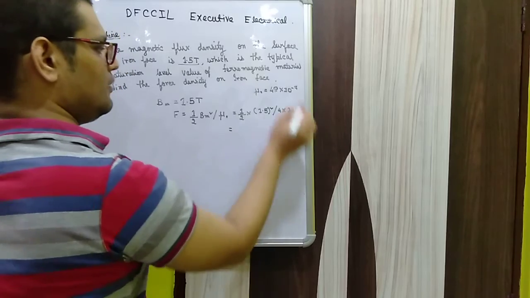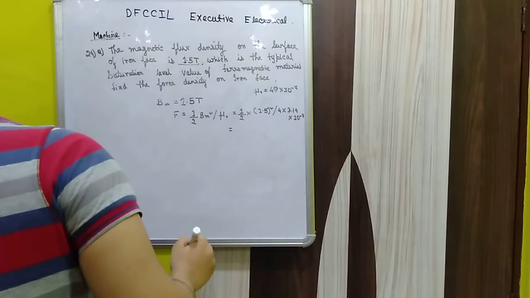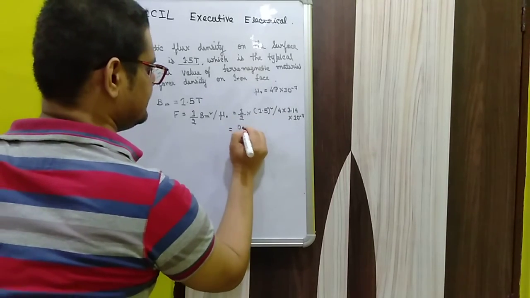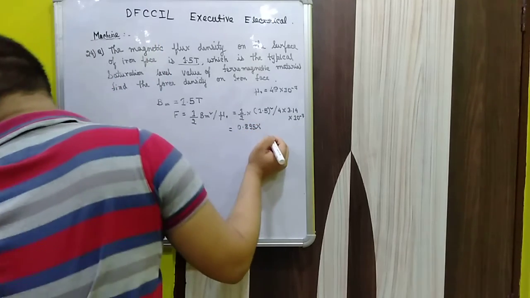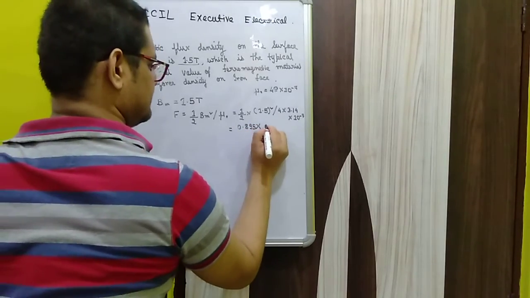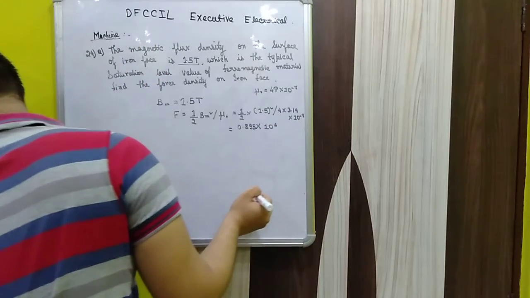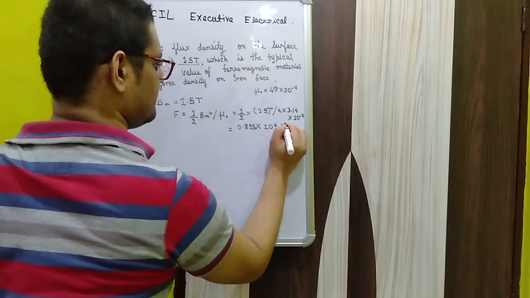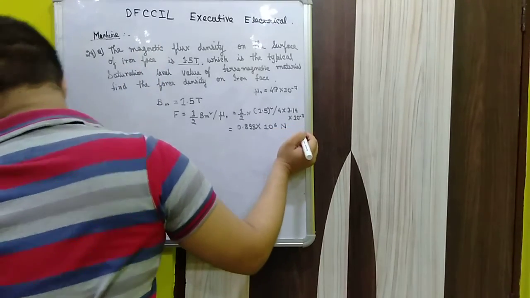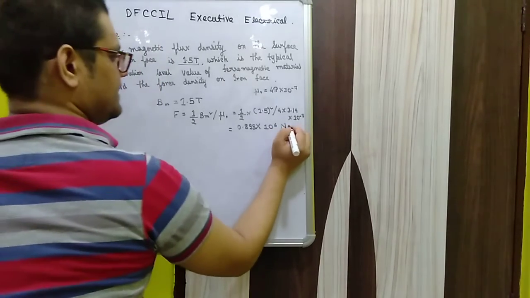If we calculate the whole value, we get the answer 0.895 into 10 to the power 6 Newton per meter square.